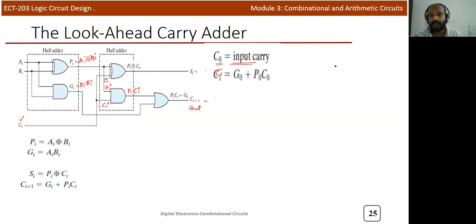If you take any full adder circuit, it will look like this. This is C0 and this is the first stage A0, B0, then A1, B1, and this is C1, and this is A2, this is B2, and here you can see the carry input of the second stage. In this way we are connecting. So this C1 we can calculate by using G0 plus P0 into C0.